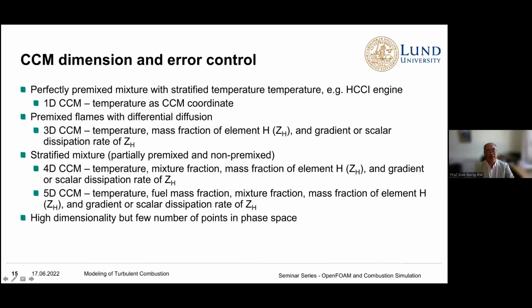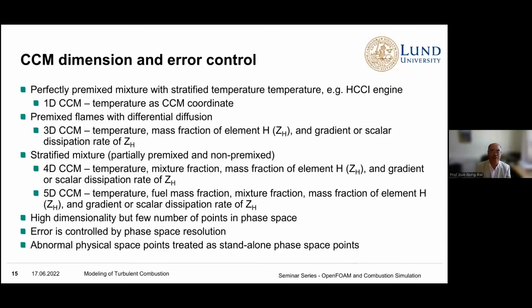So it can be a high dimension, but when you map to the physical phase space, even though it's high dimension, not all of this space is filled with the physical quantities. Therefore, there are only a small number of points in phase space. So error is controlled by phase space resolution.